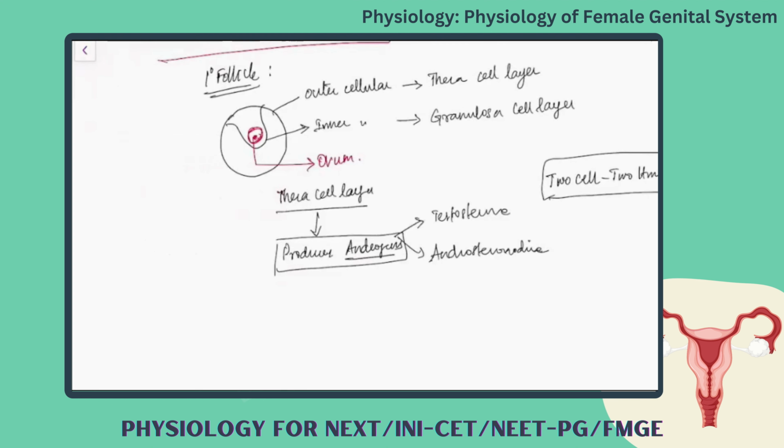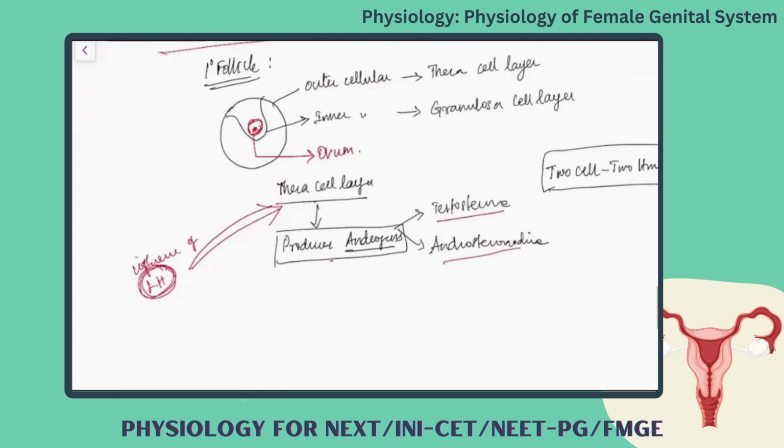Okay, and this theca cell layer is producing these androgens under the influence of luteinizing hormone. This luteinizing hormone is from the anterior pituitary when it is stimulated by the gonadotropin releasing hormone. Okay, so first the luteinizing hormone is acting on the theca cell layer in the primary follicle, resulting in the production of androgens, which includes testosterone and the androstenedione.